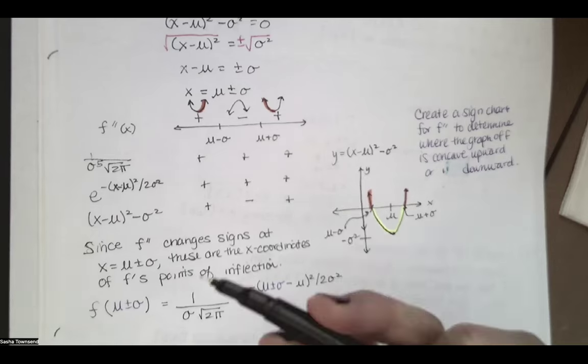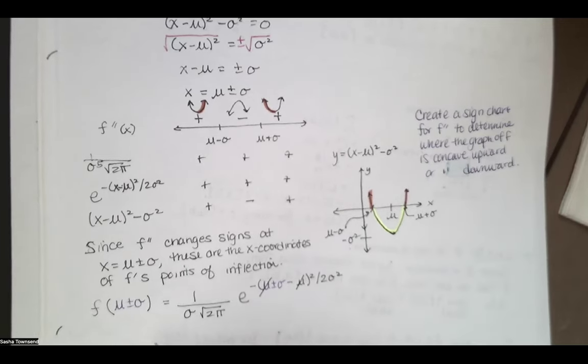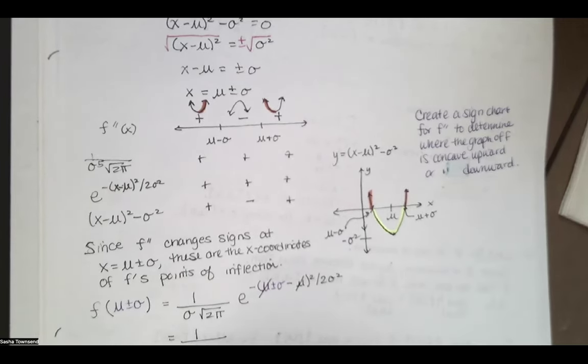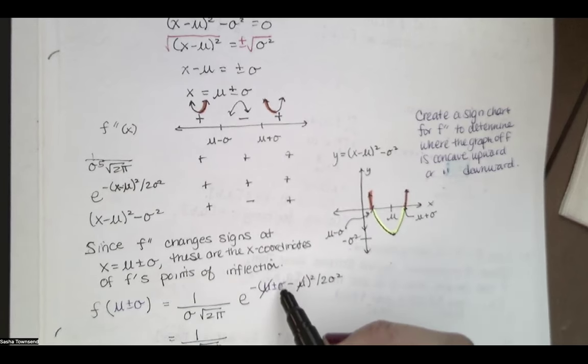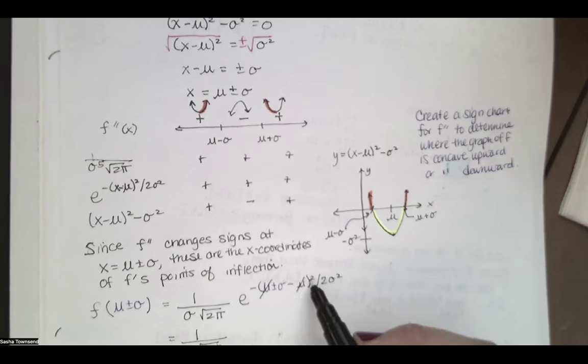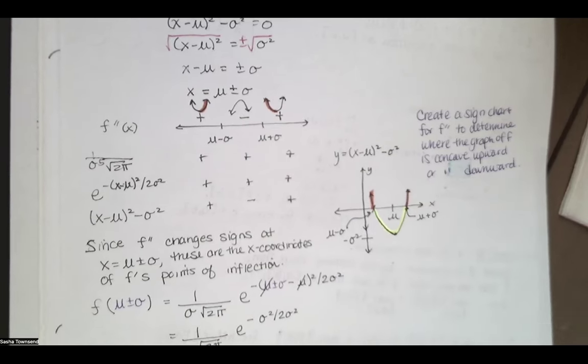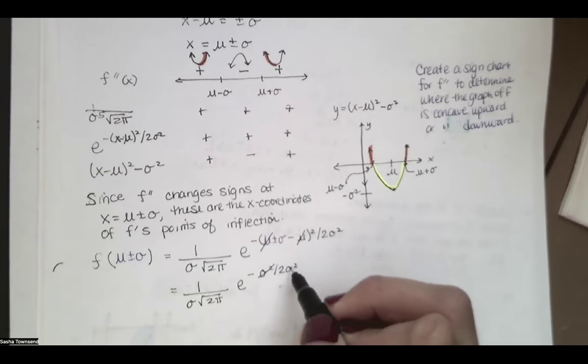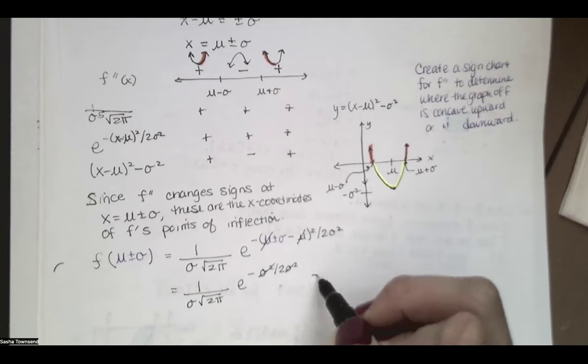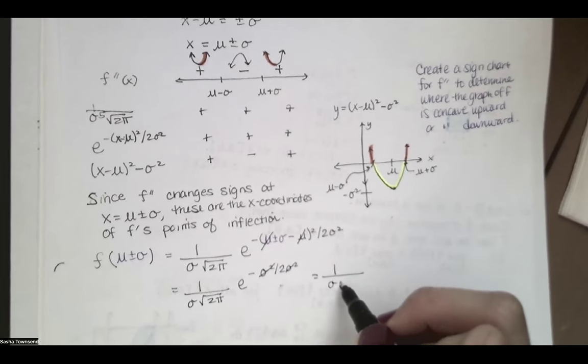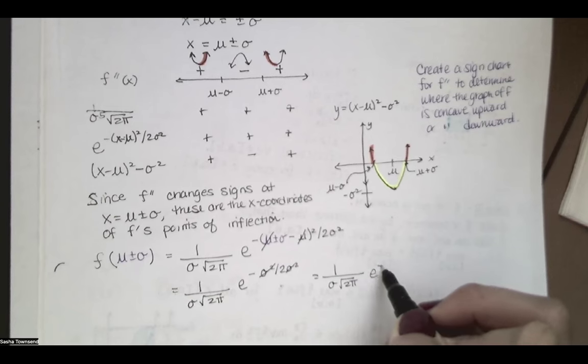Now, when we do that, the means reduce. And this is plus or minus the standard deviation squared. So you're going to have the standard deviation squared times negative 1, all divided by 2 times the standard deviation squared. We actually call that the variance. Those reduce. And we have 1 divided by sigma times the square root of 2 pi times e to the negative 1/2.